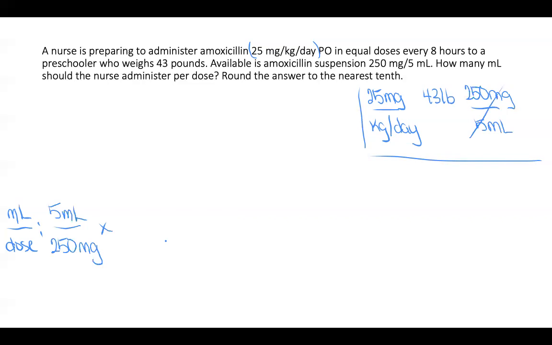Okay, now the problem says you have milligrams here, so you need milligrams here. So we come up to our box and find milligrams, 25 milligrams over kilograms per day. Cross it out.